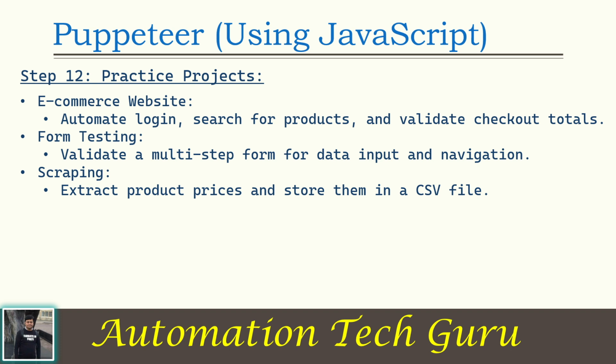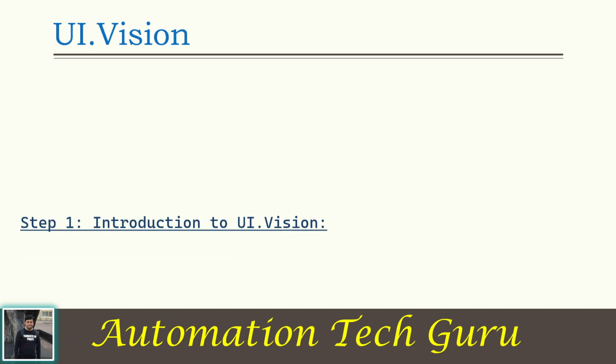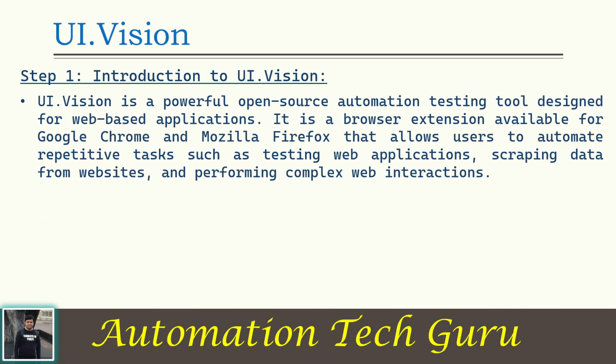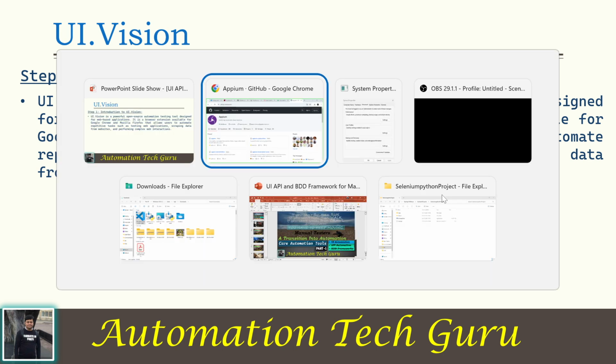Next is UI.Vision. Introduction: UI.Vision is a powerful open source automation tool designed for web-based applications. It is a browser extension available for Google Chrome and Mozilla Firefox that allows users to automate repetitive tasks such as testing web applications, scraping data from websites, and performing complex web interactions.